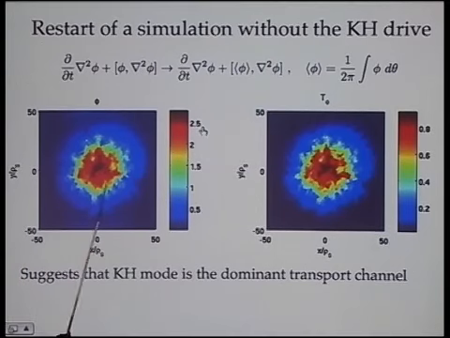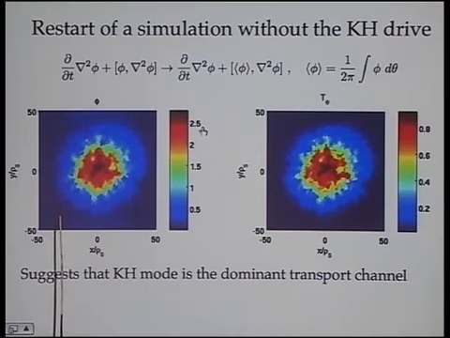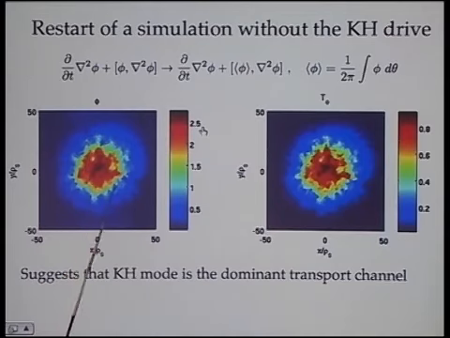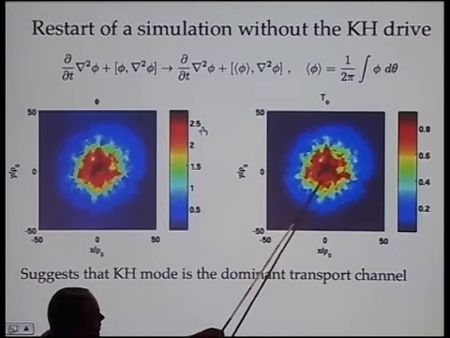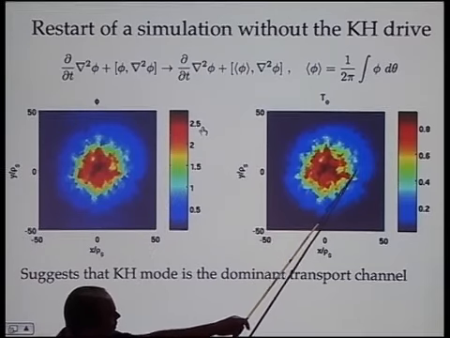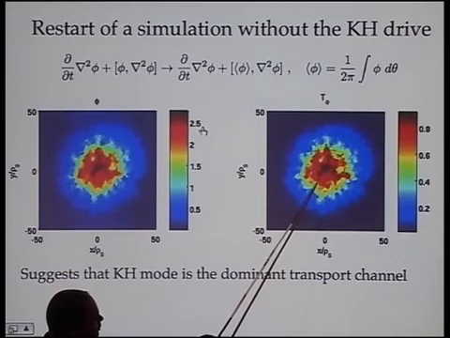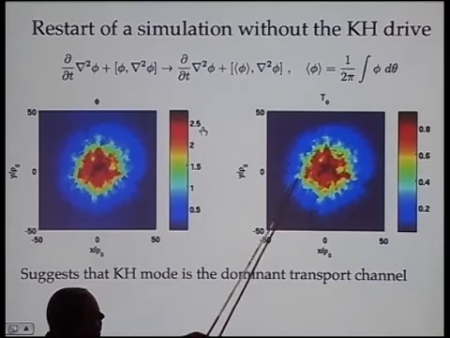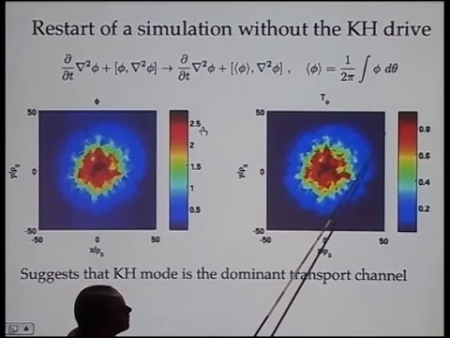So this is what the simulation looks like with the Kelvin-Helmholtz drive in here. And then when I click the button, the simulation will evolve without this term. What you're going to see is that in this case you've got kind of a blotchy profile. It's dark red here, and it falls off. After the movie is over, there's going to be almost a perfect circle in here, all at this dark red color.